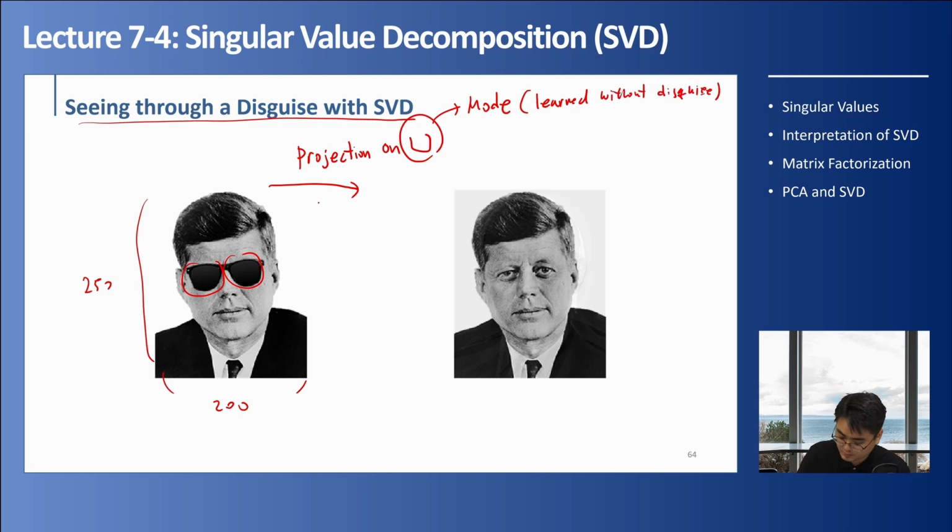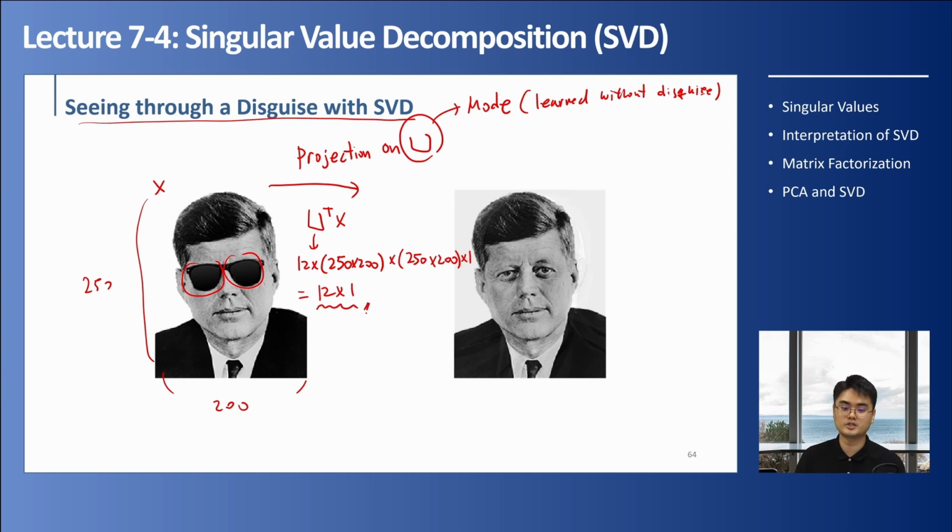So if we do this projection on U, this becomes U transpose times X. Let's say that this is the image X, and this U transpose has the size of 12 times 250 times 200, and our X has the size of 250 times 200 times 1, and therefore this becomes 12 by 1.